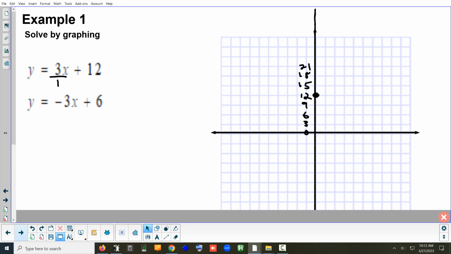If I go up 3 from 12, what number am I at? Yeah, 15. And I need to go right how many? Yeah, 1. So let's go up to 15 and then right 1. Remember, that really is up 3 because we changed the scale. And then the next one, we have to go up 3 again. So that brings me to 18 and then right 1.